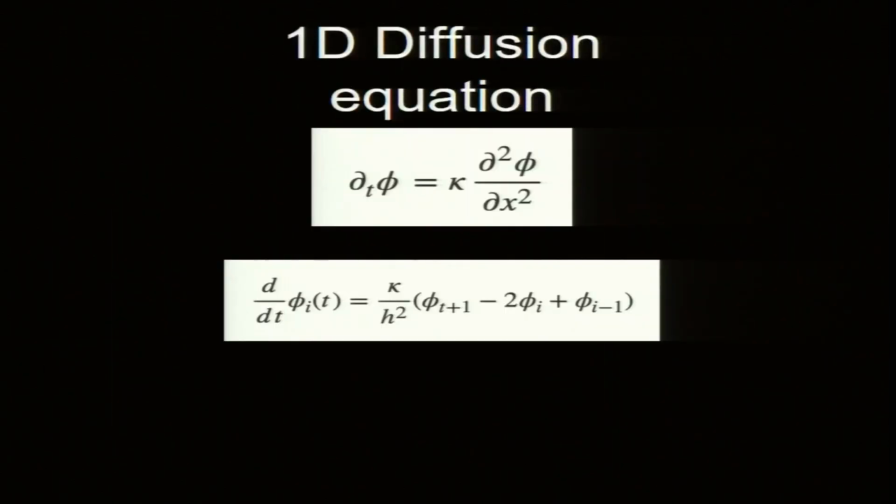So, let us solve the diffusion equation as an illustration. The double derivative is, well, the 2 is incorrect, this is the correct formula, there is no 2. So, this is the formula for the double derivative. Kappa is the diffusion coefficient and h is the distance between 2 neighboring points, delta x.